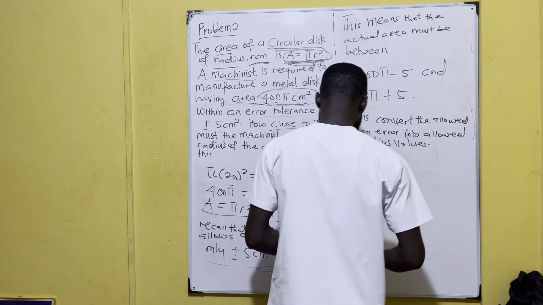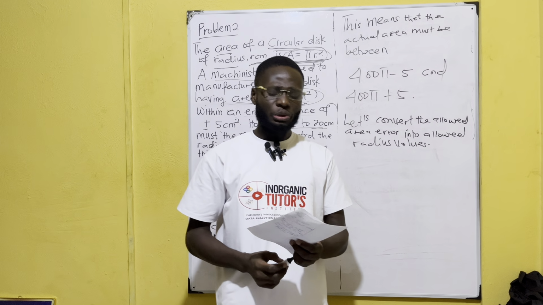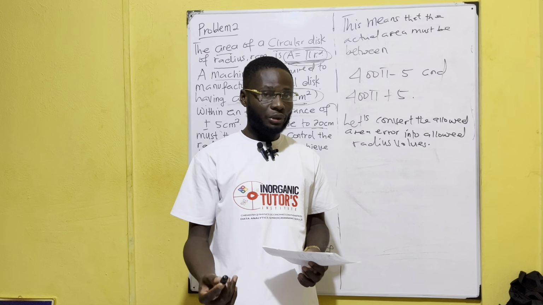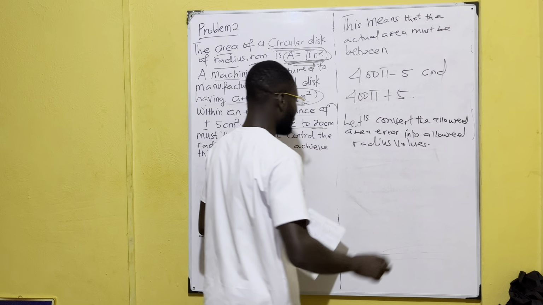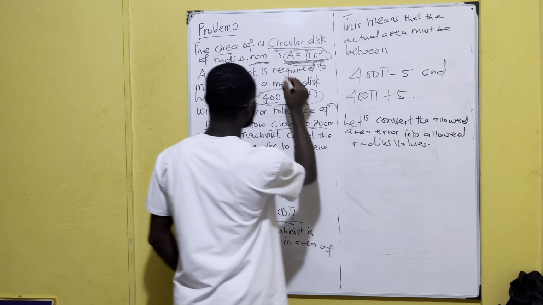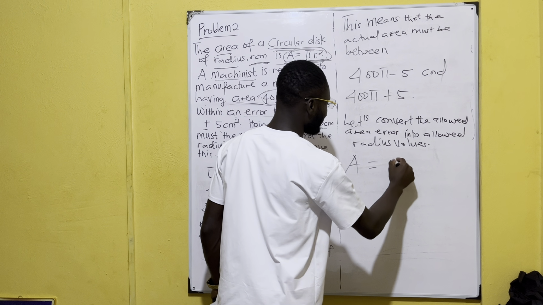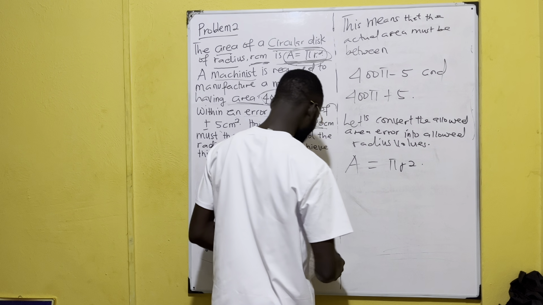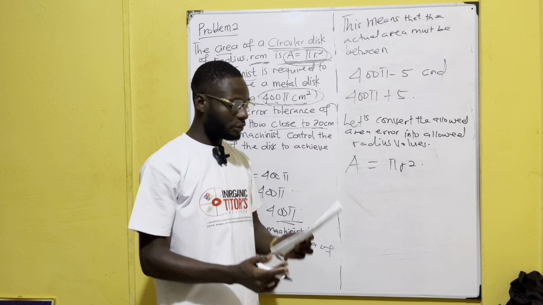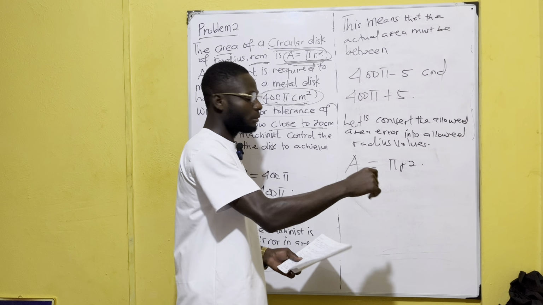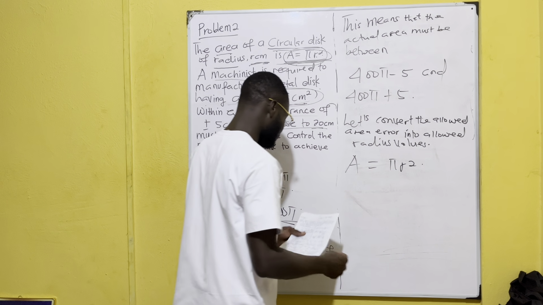We want to start with the minimum value, which is the smallest value, and we are going to use the area of the circle. So we know that the area of the circle is pi r squared. Okay, so we substitute the smallest allowed area into this.